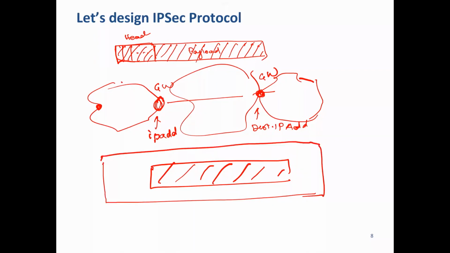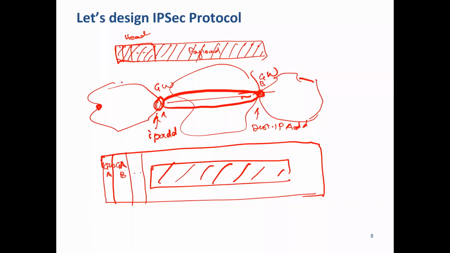Basically, this becomes the payload of another IP packet, and here I will put the source address as gateway address A, for example, and the destination as gateway address B, and other fields, and send it. So now we are creating a tunnel between these two.